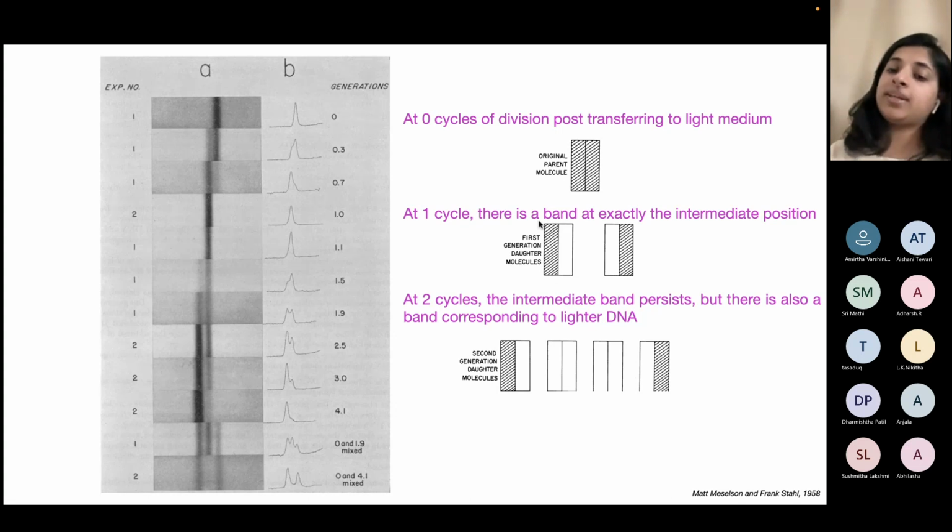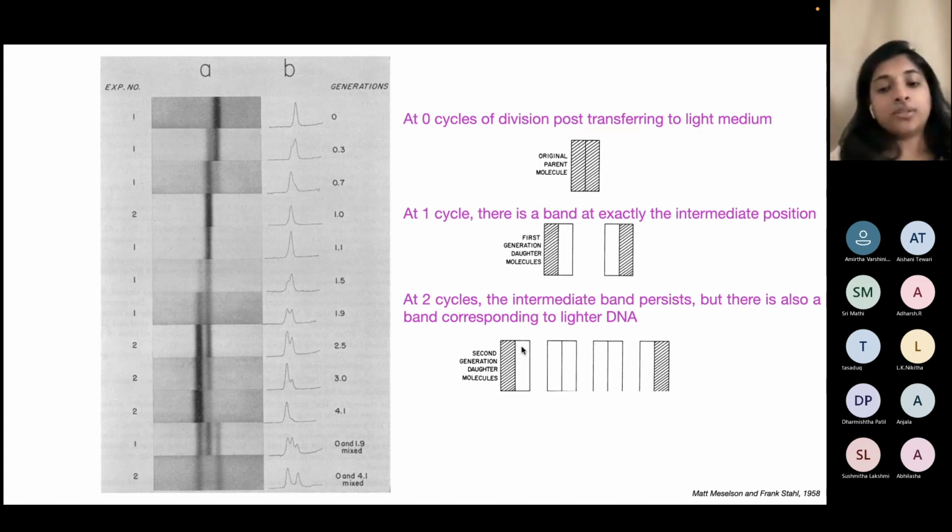So the heavy strand will again serve as a template, and a lighter strand will be synthesized, which will be one DNA. Similarly, here the heavy strand will serve as a template and the lighter strand will be synthesized, making the second DNA. However, these two lighter strands will also serve as templates and form these two DNA molecules in the daughter cells.